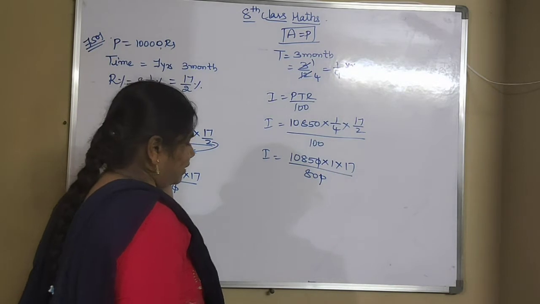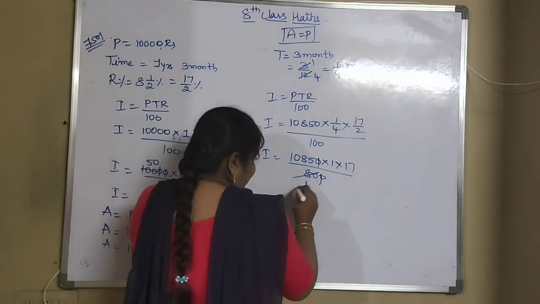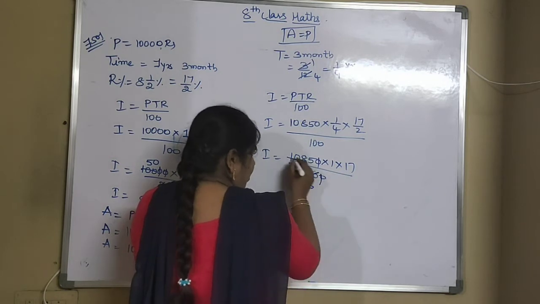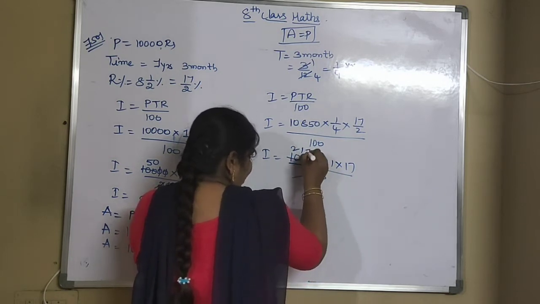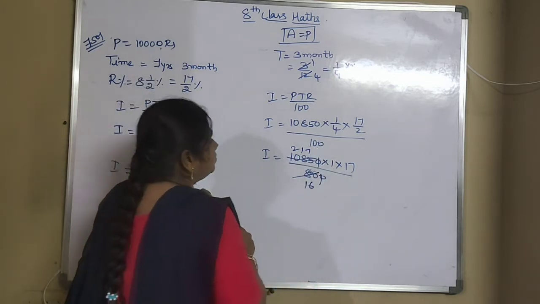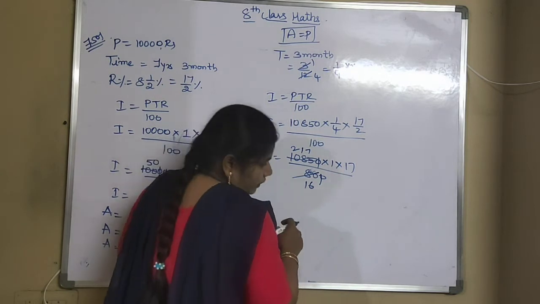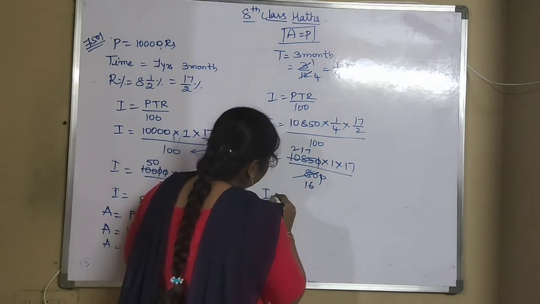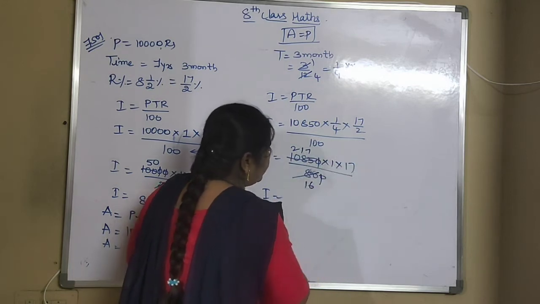First I am cancelling in the 5 table. 5 1s are 5, 5 6s are 30, 5 2s are 10, 5 1s are 5, 5 7s are 35. So in which table can we cancel here? It will not be cancelled. You will get it in decimal points. So here I is equal to multiply these two and divide with 16.